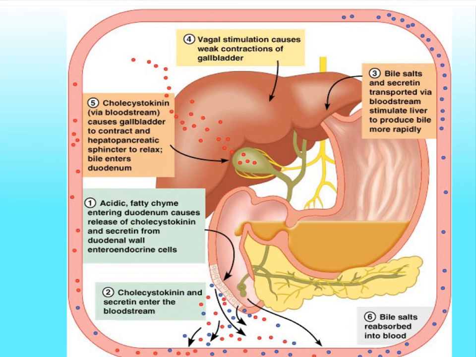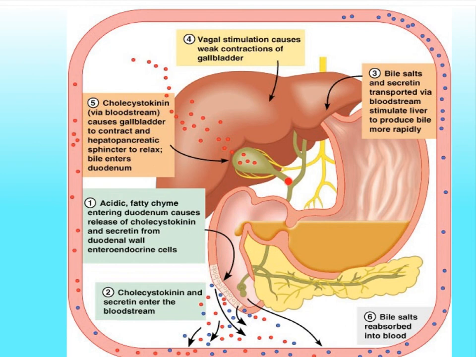Let's not forget, as a quick little review here, for the bile to make it from the liver, the bile has to enter the common hepatic duct. For the bile to leave the gallbladder, the bile has to enter the cystic duct.